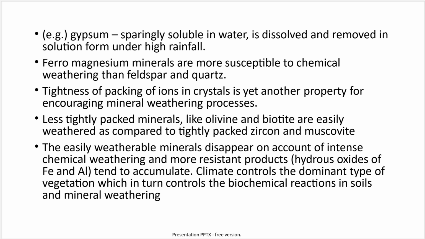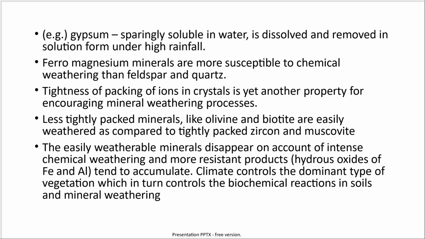Ferromagnesium minerals, that are minerals containing more iron and magnesium, are more susceptible to chemical weathering than feldspar and quartz. Feldspar and quartz are minerals that contain more silica. Less tightly packed minerals like olivine and biotite are easily weathered as compared to tightly packed zircon and muscovite.